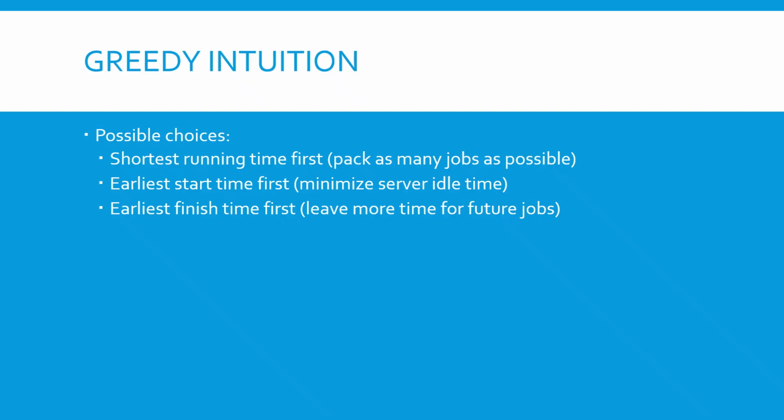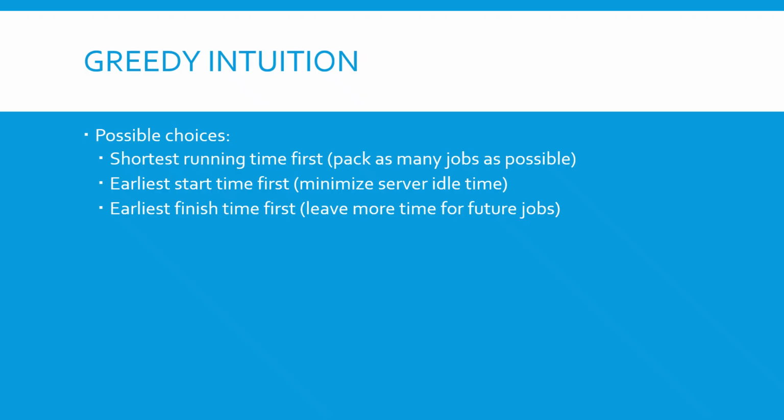Let's consider several possible greedy strategies and intuitions behind them. First, we might try selecting the jobs with the shortest running time. The idea is that shorter jobs may allow us to pack more intervals into the schedule.